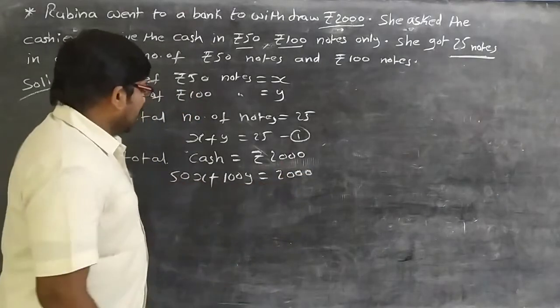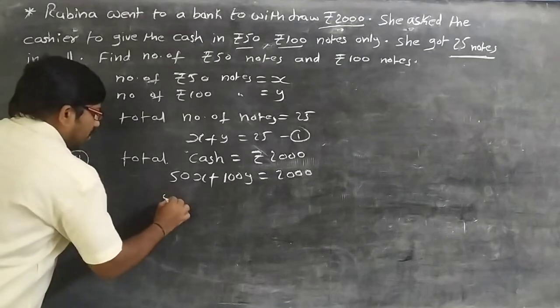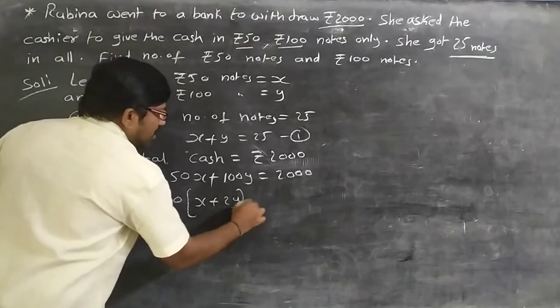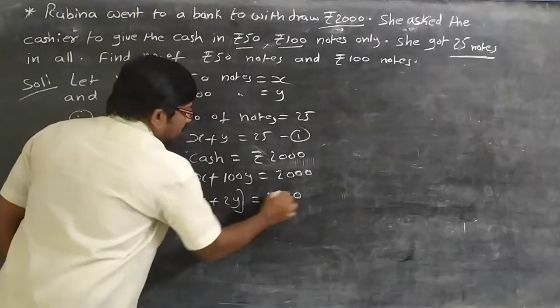So from the total take 50 common: 50 into x plus 2y is equal to 2000.